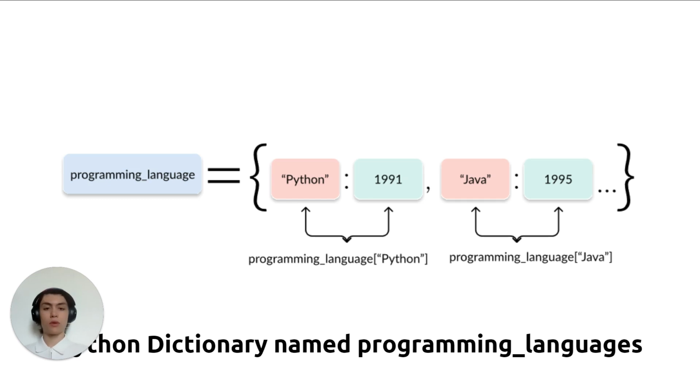Once I have the key, I can get the value. When I have the value, I can get all the keys that have that specific value. I can update a value, I can update a key, I can add items to my dictionary, so add another pair, so I add another definition to my dictionary, for instance, in a real-world dictionary. So there are multiple ways of working with dictionaries.